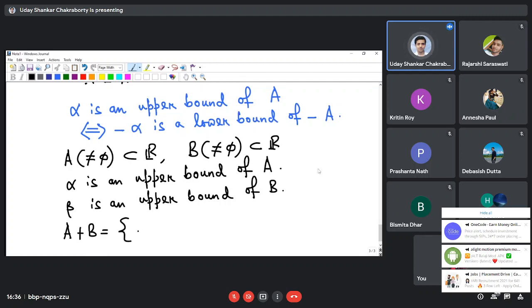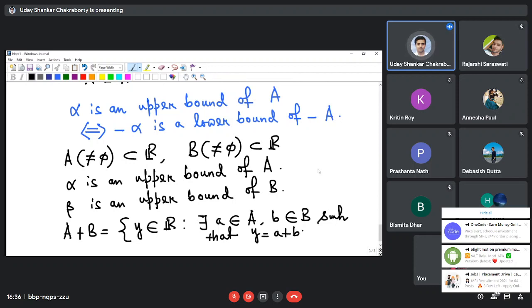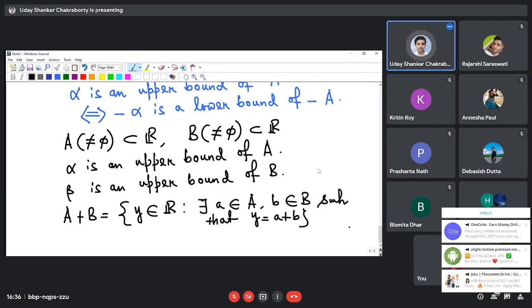What is A plus B? A plus B contains all elements y in R such that there exist small a in capital A and small b in capital B such that y equals a plus b. Now, is this set bounded above?